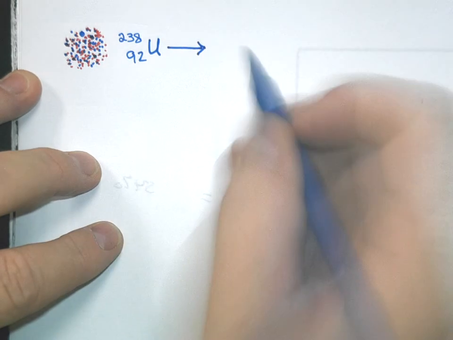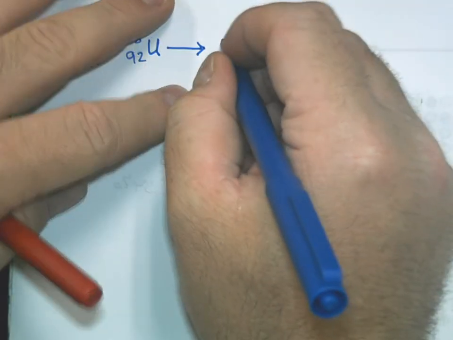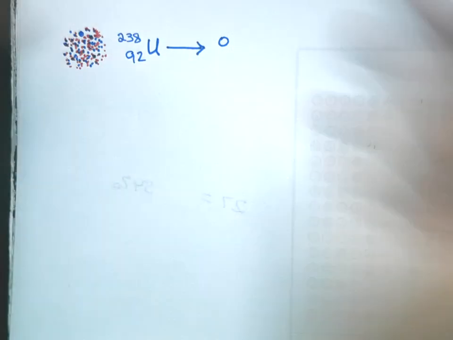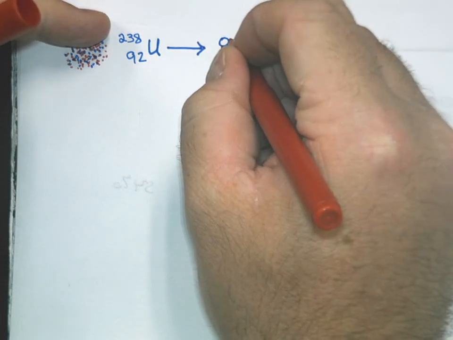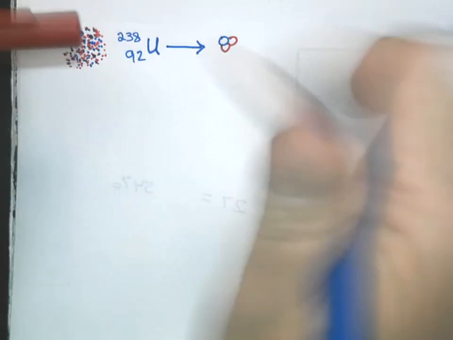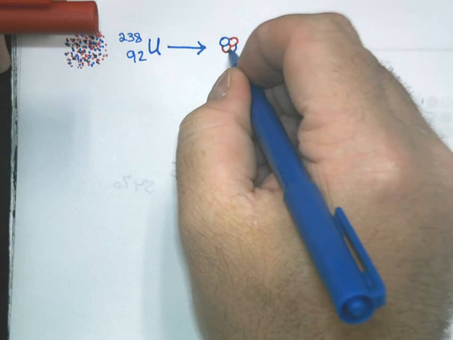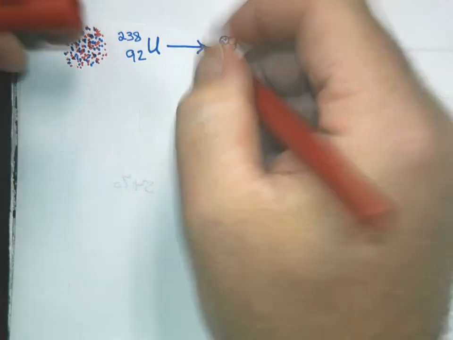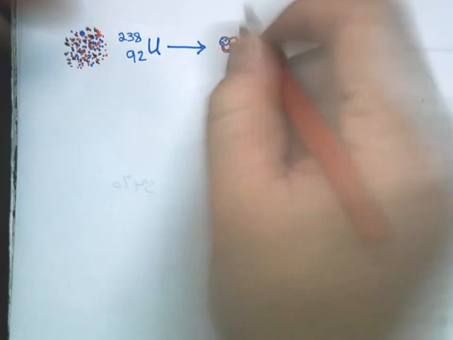It spits out our alpha particle, which is a 4-2 helium.